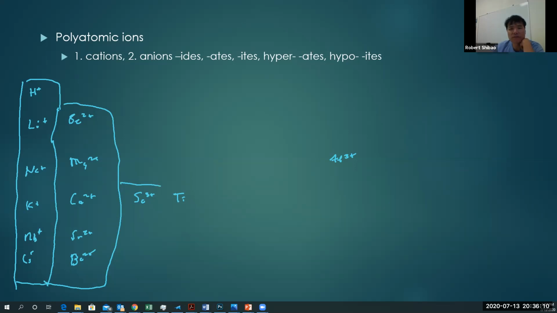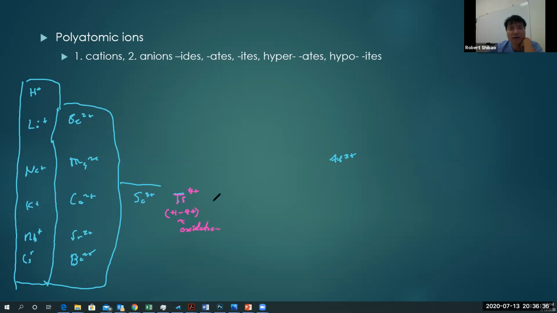So we're starting to get into the variable charge species here. Titanium. What does the charge range from? Well, a very common charge for titanium is 4+. But the charge for titanium runs from +1 to 4+.